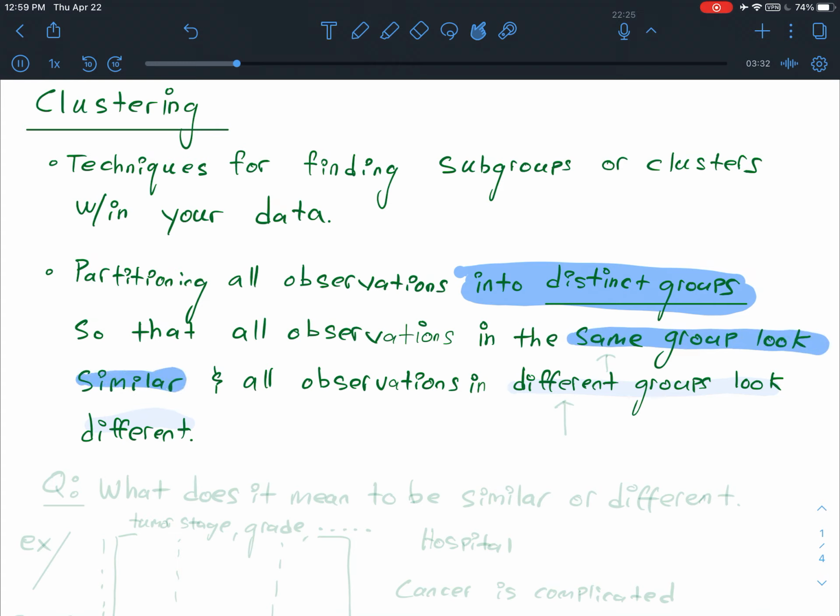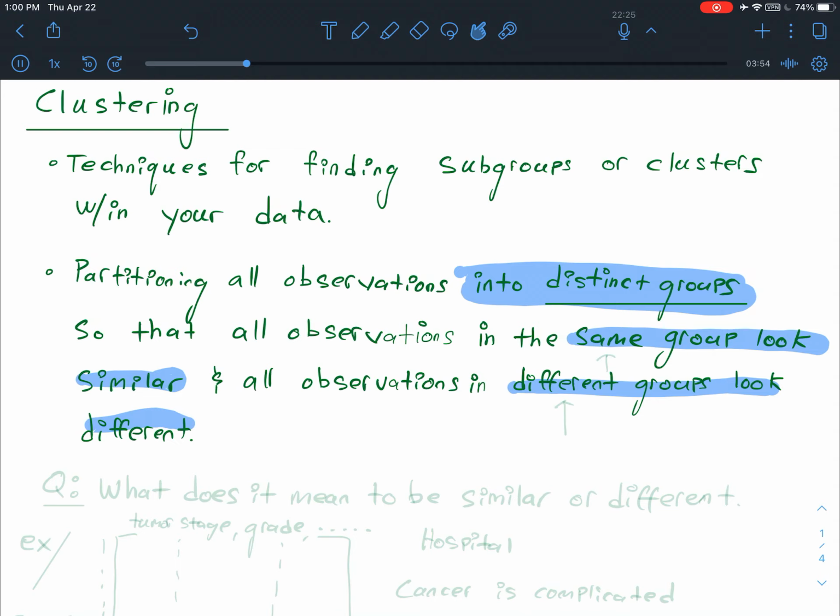So if I put you into a group, you should look like everybody else in that group. Three, all observations in different groups should look different. So you look like everyone you've been assigned to, but you don't look like anyone in a different group. I think this all intuitively makes sense to us. Maybe we don't quite understand the algorithm yet, but we're going to get there. But it motivates clustering a little bit.